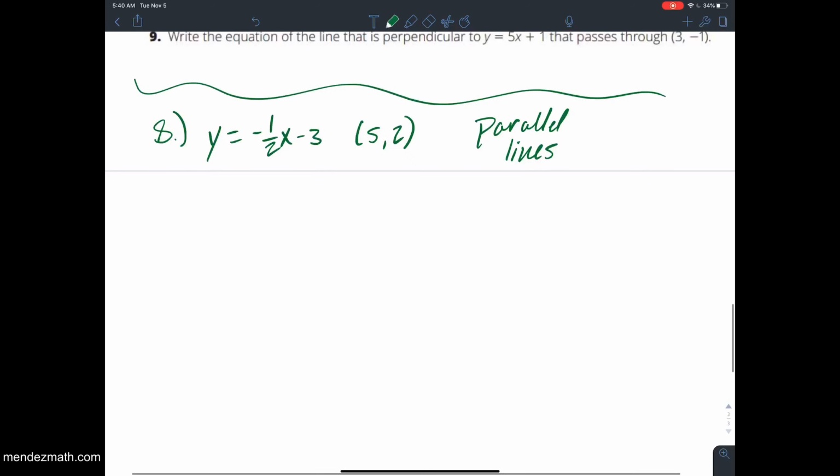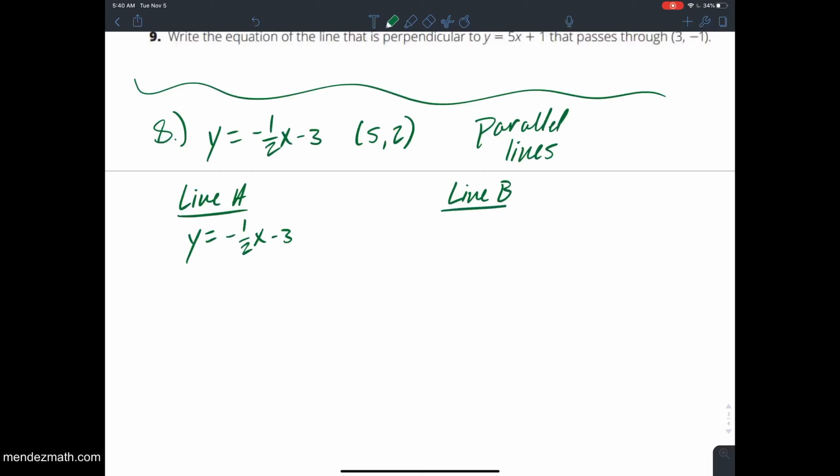So let's just call line A. Line A is this one right here, the one they gave us. But line B is going to go through this point. And parallel lines, when you have two lines that are parallel, they have the same what?